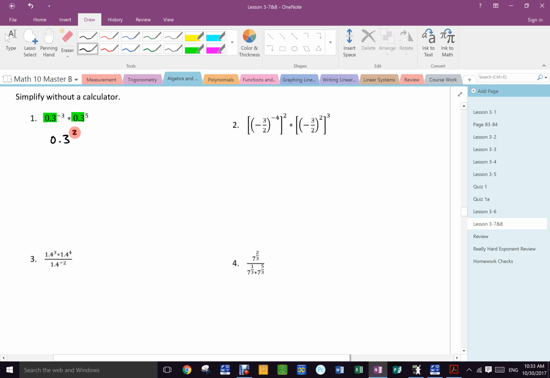Right? What is 0.3 really? 3 over 10. 3 over 10 squared. 9/100ths, which is 0.09. Simplified without a calculator, yes?